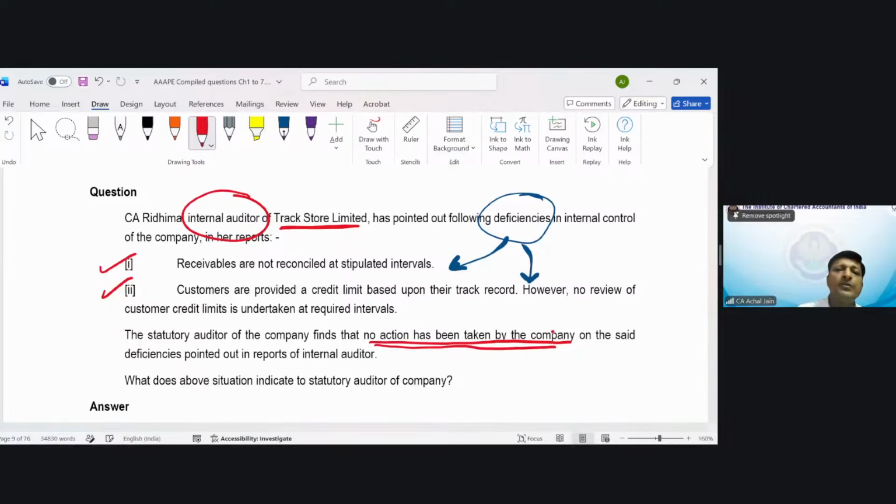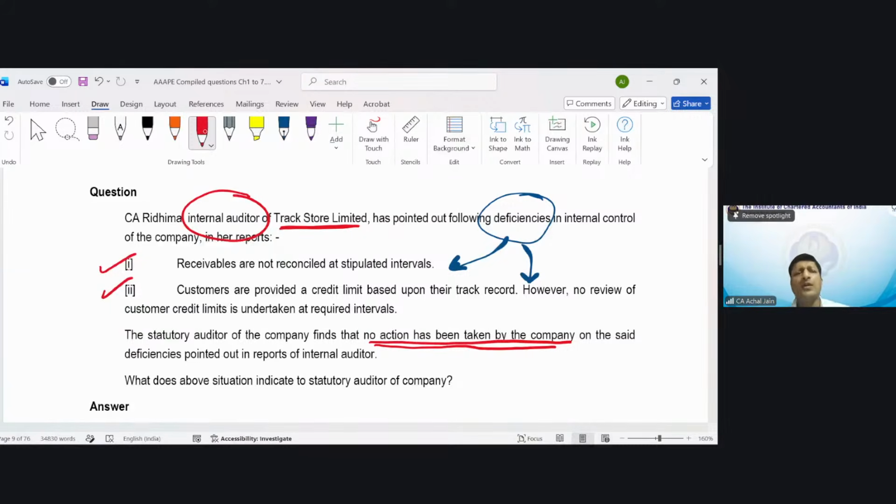Ideally, what should the company do? See, whenever you have an internal audit, and in fact, internal audit is something we have had a discussion on, there will always be a management action plan. Why? Because the idea is not to get onto the observation. The idea is to improve upon.